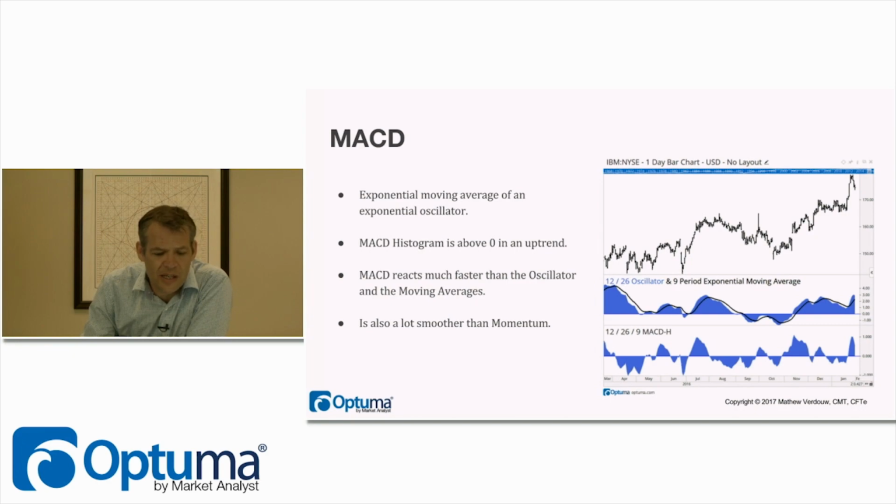So if you look again at, where's my cursor? So if you take the gap between the blue shaded area and this black line, well, that's what's translated and measured here. And again, it becomes smoother than momentum. It becomes really fast at giving us an idea of where trends are going. And so the crossing over of this line from the zero is what we're looking for.